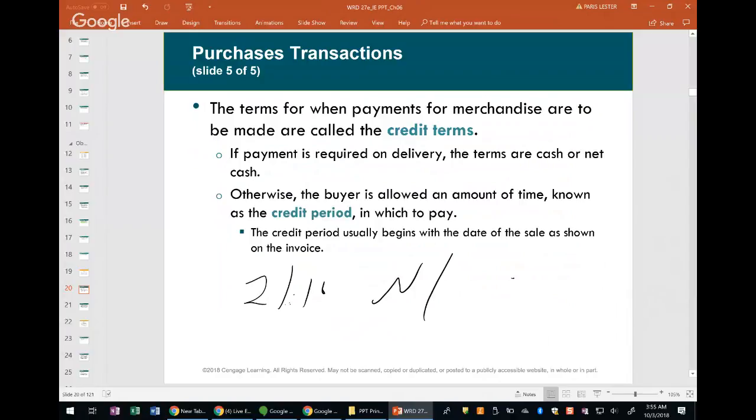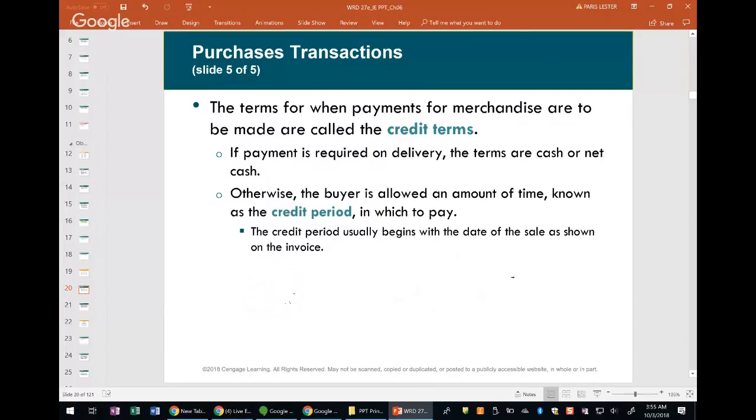You may see ROG, which is 30 days after receipt of goods. All right, but we'll worry about those later. We'll get into that heavy next week. So 20 days is the credit period.